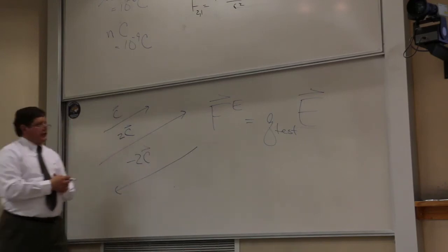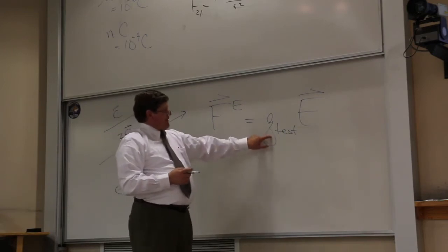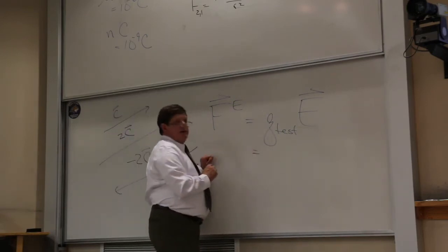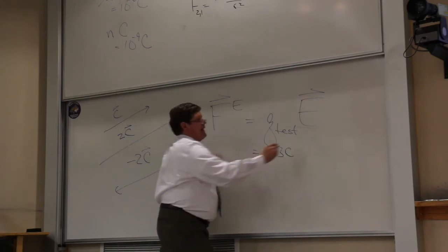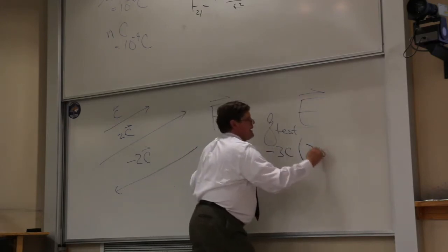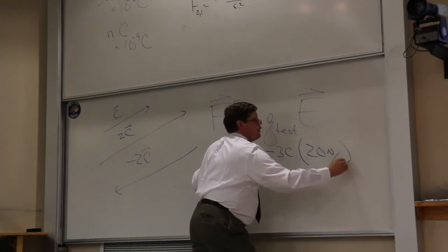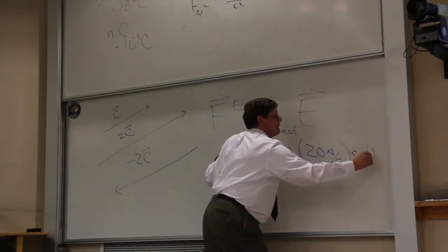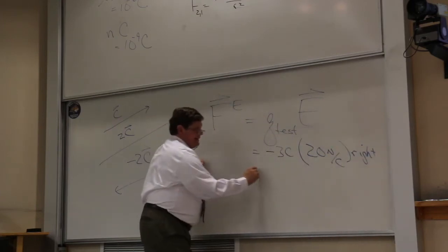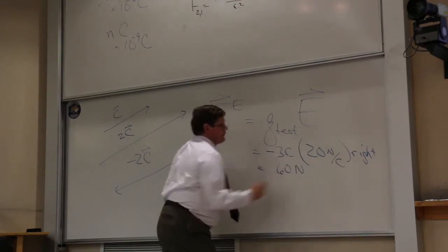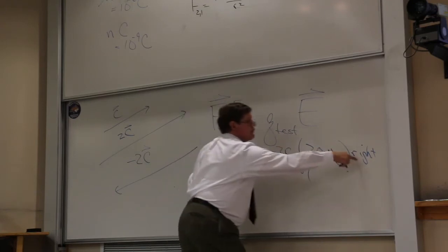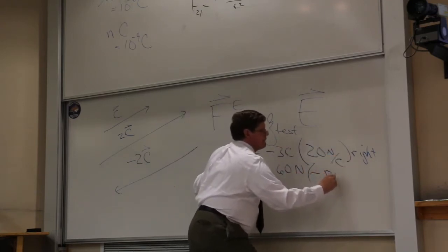Now here's how this works. If that charge is minus 3 coulombs, and if that electric field is 20 newtons for each coulomb to the right, then that's going to give me 60 newtons. The coulombs cancel, and the minus sign goes with the right to give me negative right.